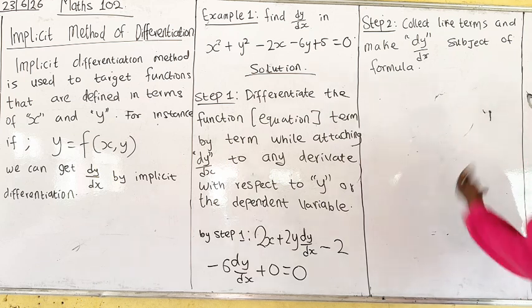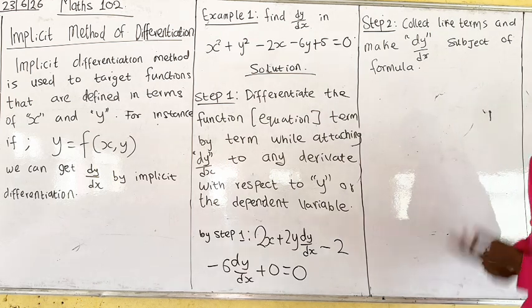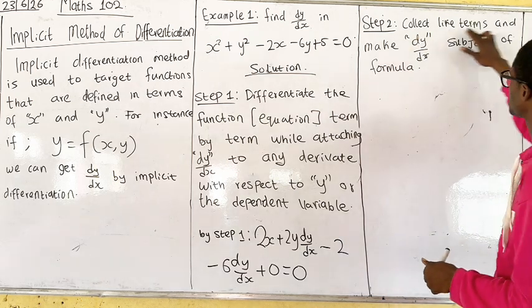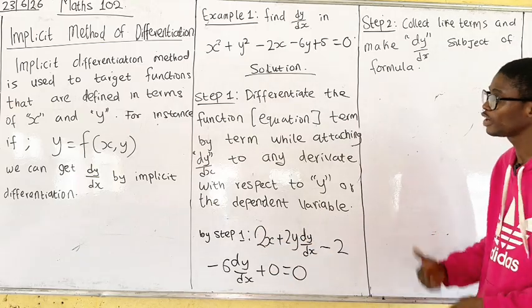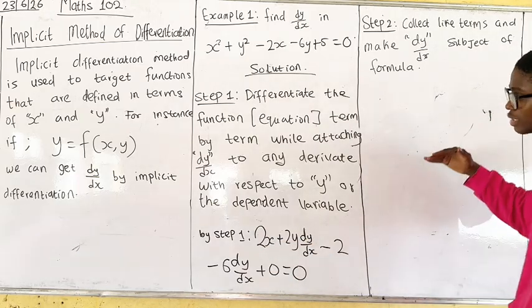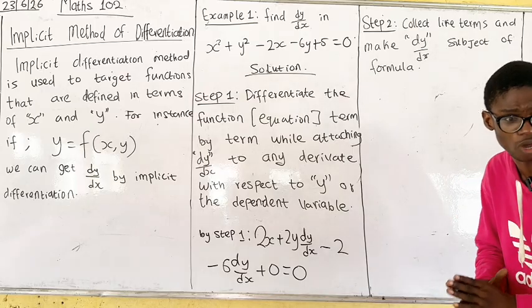It mustn't be collect like terms anyway. It can be manipulation as the case may be. That's why I say in this case we are using this step based on this question. But for any other question, just manipulate it and make sure that dy/dx is the subject.